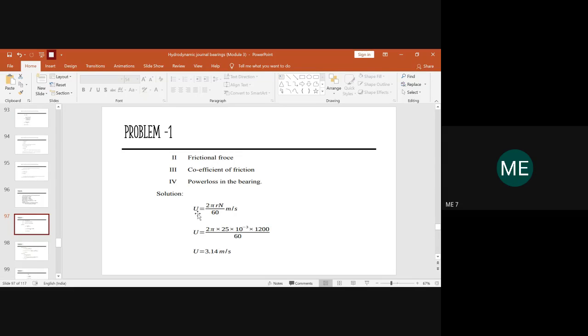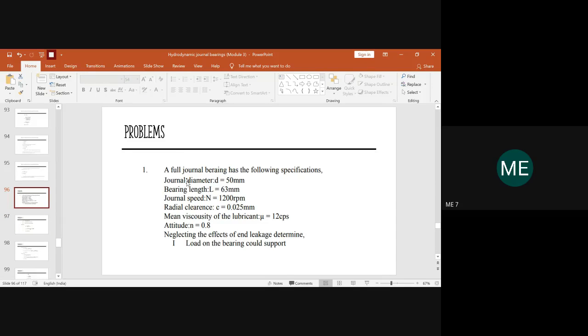U here will be given as 2 pi R N upon 60. N is the speed and U is the velocity with which it is revolving. The velocity will always be given in terms of meter per second. So you need to see whether all the required data is available. 2 is a constant, pi is a constant, and R is the radius of the journal.